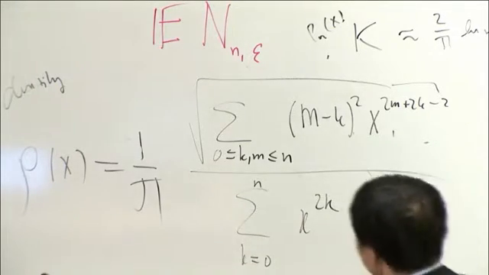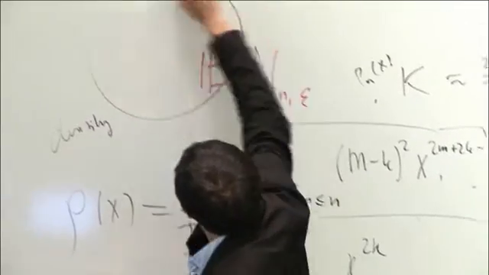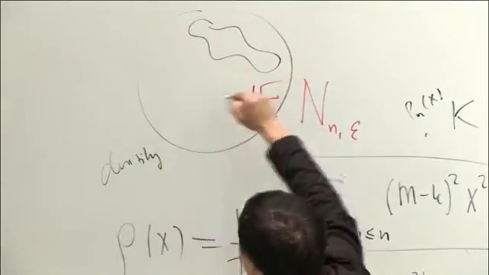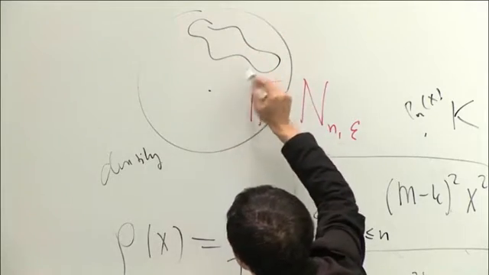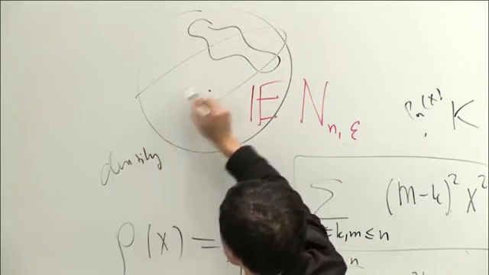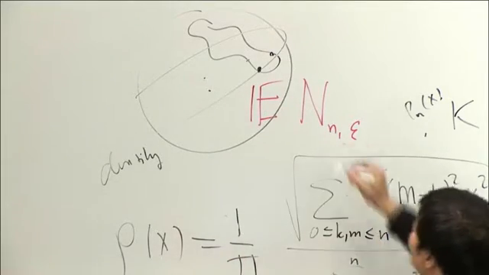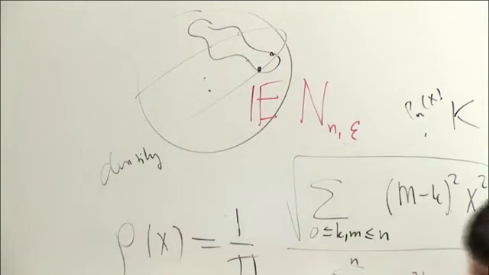So it looks like this. You have some curve here, which is an explicit curve: the projection of the moment curve onto the sphere. Now you look at a random great circle and see how many points intersect.